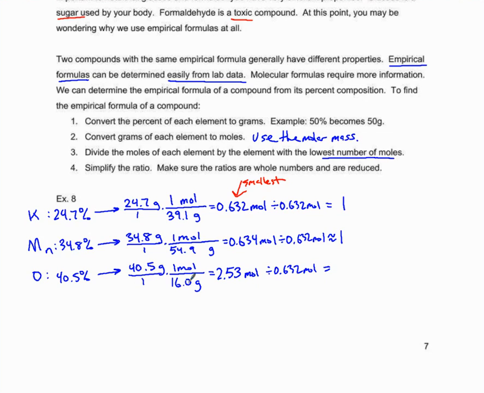Then we have 0.253 divided by 0.632. And with this one, we get 4.003 and then some numbers. But just like the previous one, this is telling us how many oxygen atoms are in the formula. So it's approximately 4.